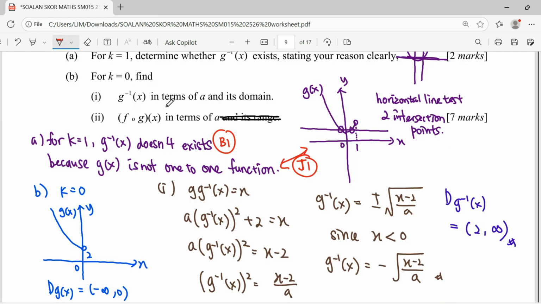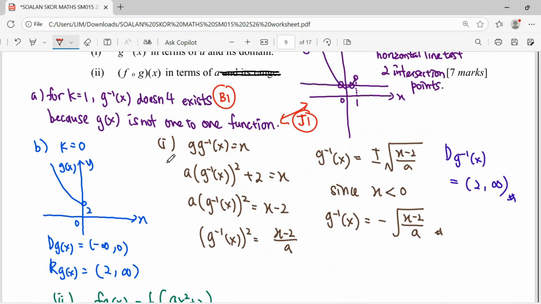Then for part B1, finding g inverse: firstly the concept of composite function, substitute your g inverse for 1 mark, and then simplify to the answer here.